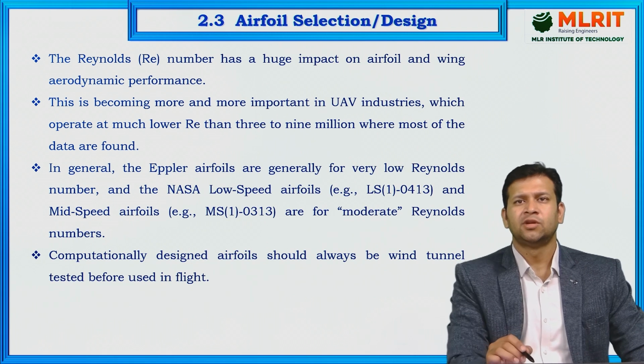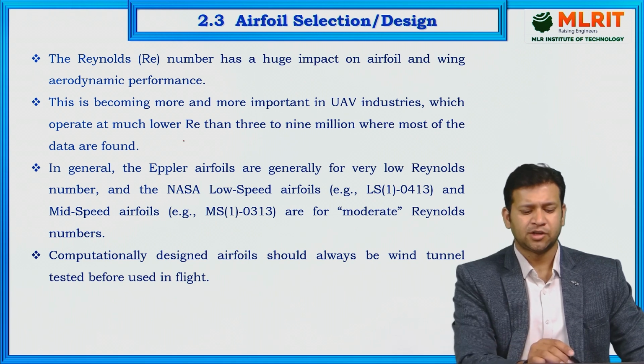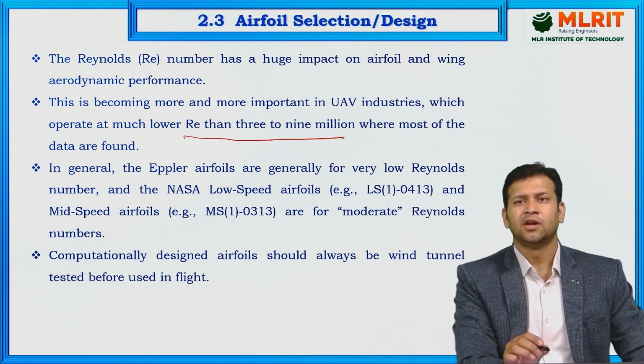The Reynolds number has a huge impact on airfoil and wing aerodynamic performance. This is becoming more and more important in UAV industries, which operate at much lower Reynolds numbers than 3 to 9 million, where most of the data are found.